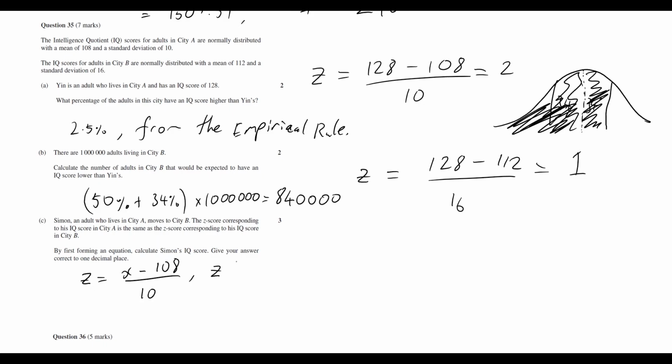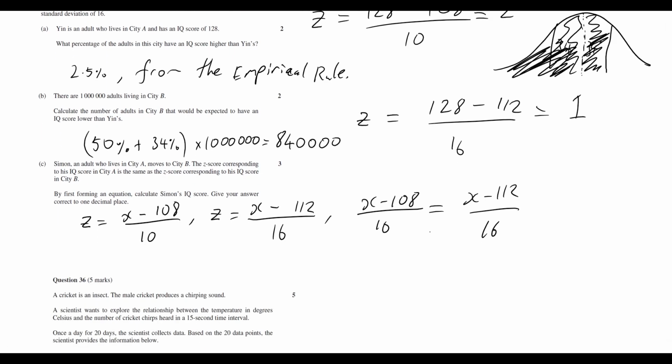And then we know that for City B, his Z-score again is equal to his IQ, now minus 112, and divided through by 16. Okay, so what we can do here, since we know that the Z-score values are the exact same, we can actually just equate these 2 equations. So what that means we get x minus 108 all over 10 is now equal to x minus 112 all over 16.